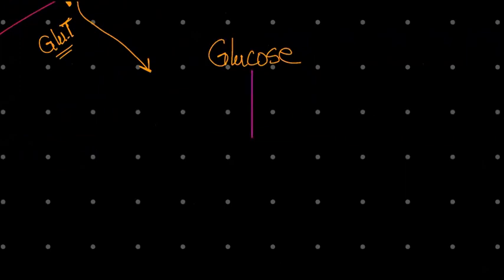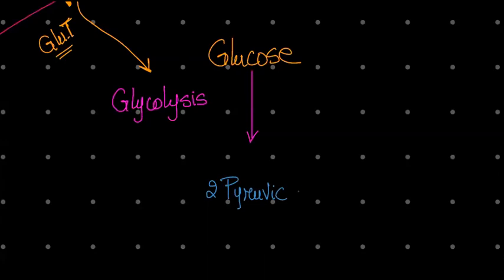And the first step of the breakdown of the glucose is what we call the glycolysis, in which I am breaking down the glucose without oxygen into two pyruvic acids, or 2-pyruvate. This reaction yields a net energy gain of 2 ATP.